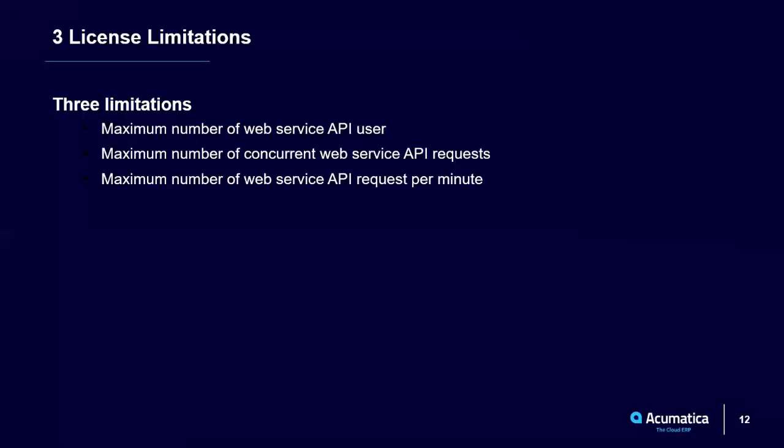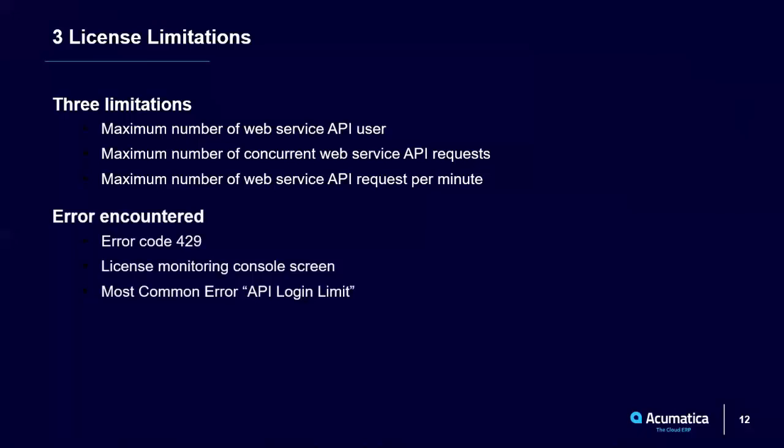And we have the maximum number of web service API requests per minute, that represents, as it's pretty explicit, the amount that you can do per minute. Every single request counts toward that limit. Every login, every get, every put, every post, everything counts, so please take that into account.